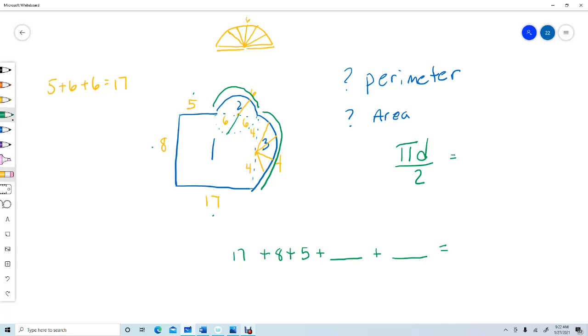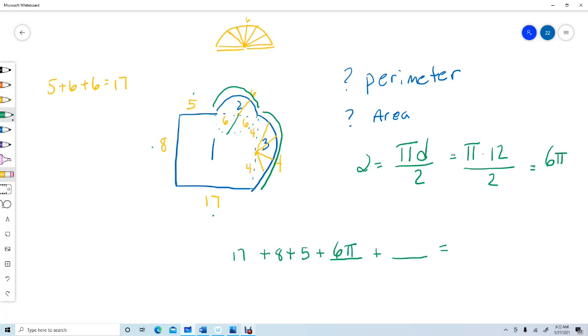So this is going to be, for my arc number 2, pi times my radius was 6, so it's going to be 12 divided by 2. And that's going to come out to be 6. That's going to be 6 pi. And I'll put that right there.